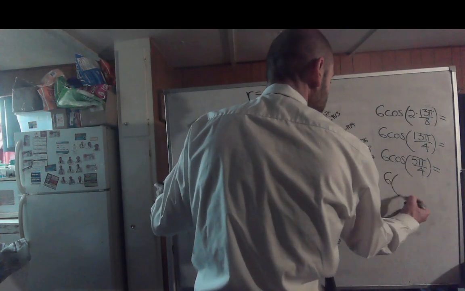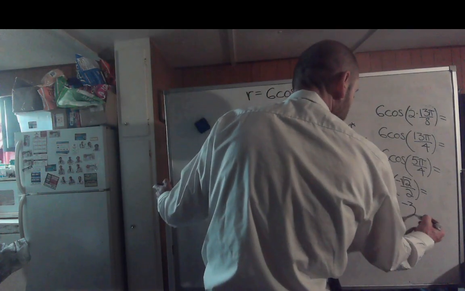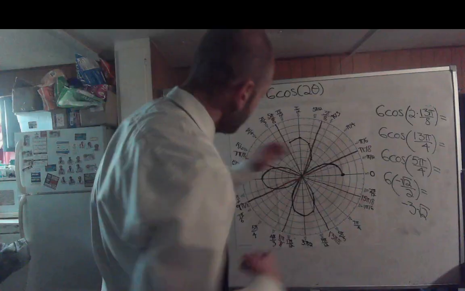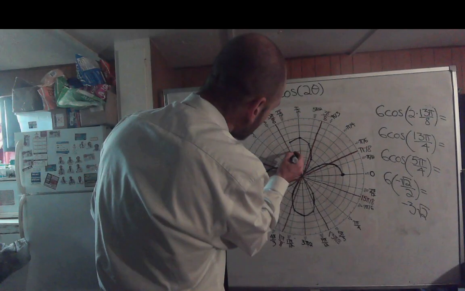You would have 6 times negative square root of 2 over 2, which would be negative 3 times the square root of 2. If you go in the negative direction for 13 pi over 8, you end up at 5 pi over 8. That would put me about right here.